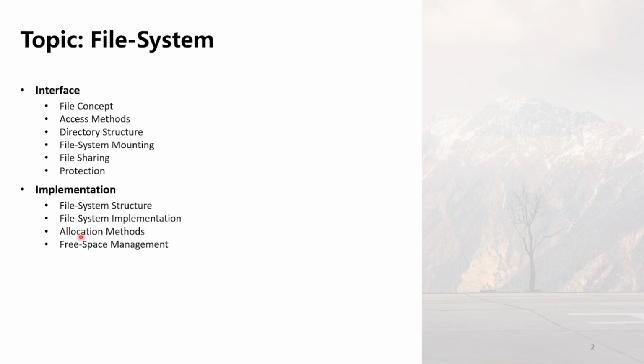Another point is how the file system manages the storage resource, which is the space on the disk. Remember, operating systems are all about discussing the management of various kinds of resources.